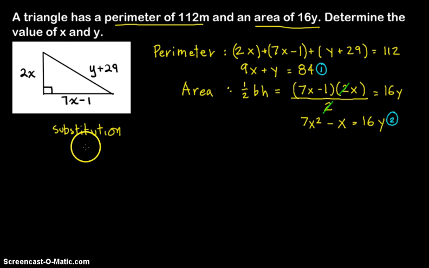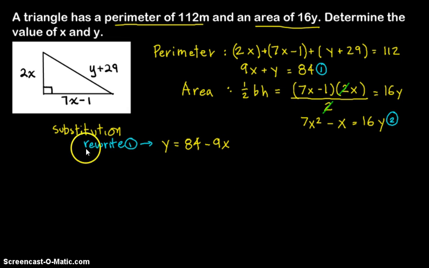I'm going to rewrite 1 so that I keep the y alone. If I take the y and I bring it in there, then everything will be based upon x's and numbers, and I can solve that. So y equals 84 minus 9x. That's fantastic.